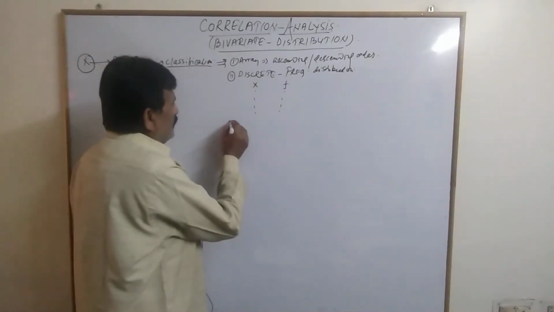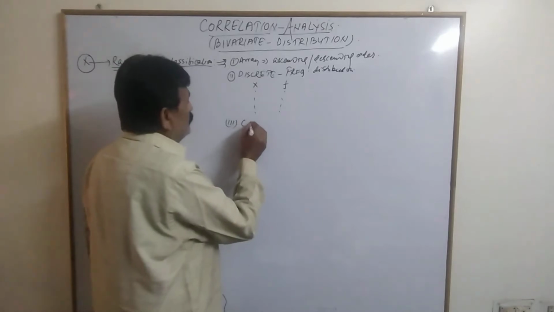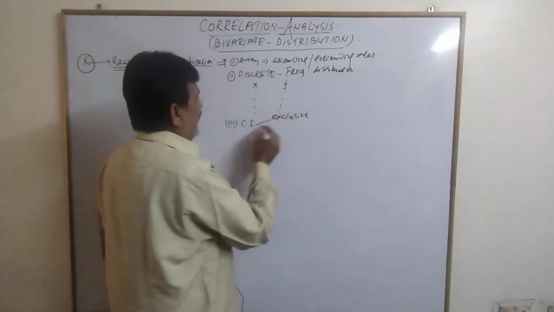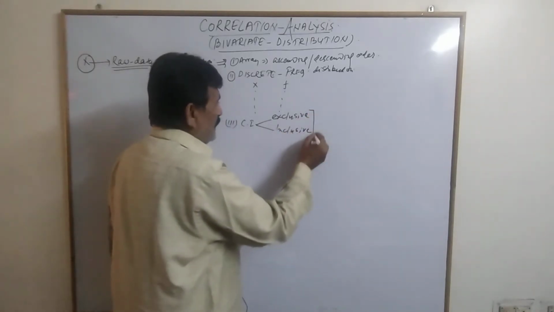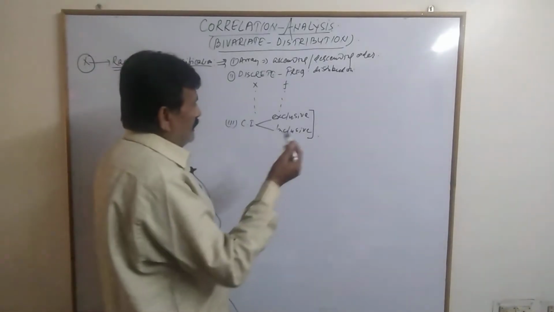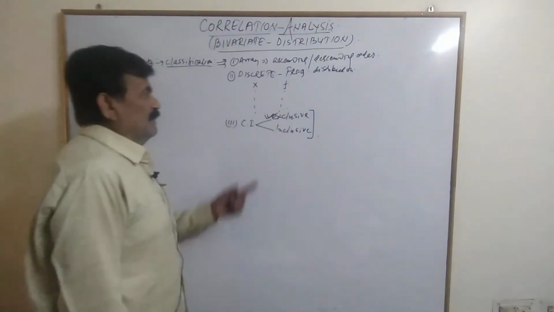After discrete frequency distribution, we make class intervals, and that class interval happens to be of two types: one is exclusive and another is inclusive. Of course, in all the mathematical interpretations, this exclusive class is used rather.